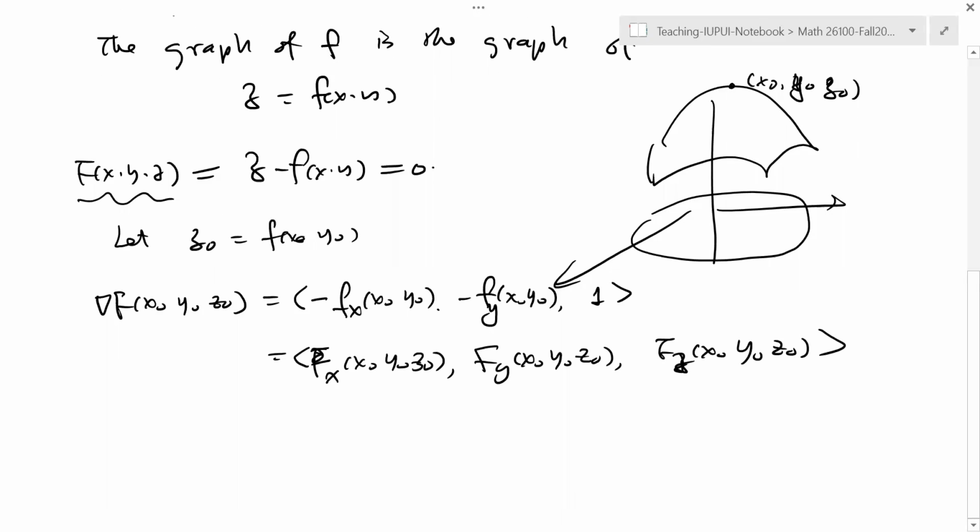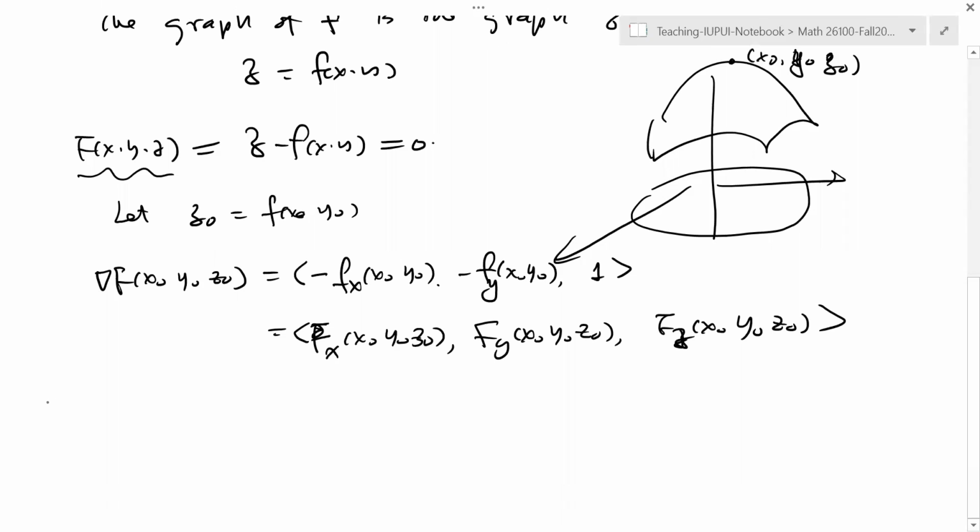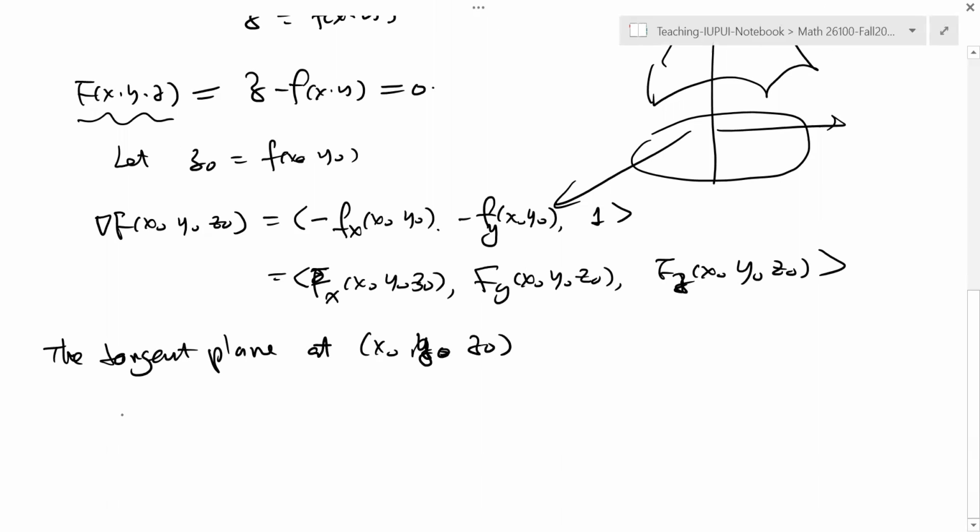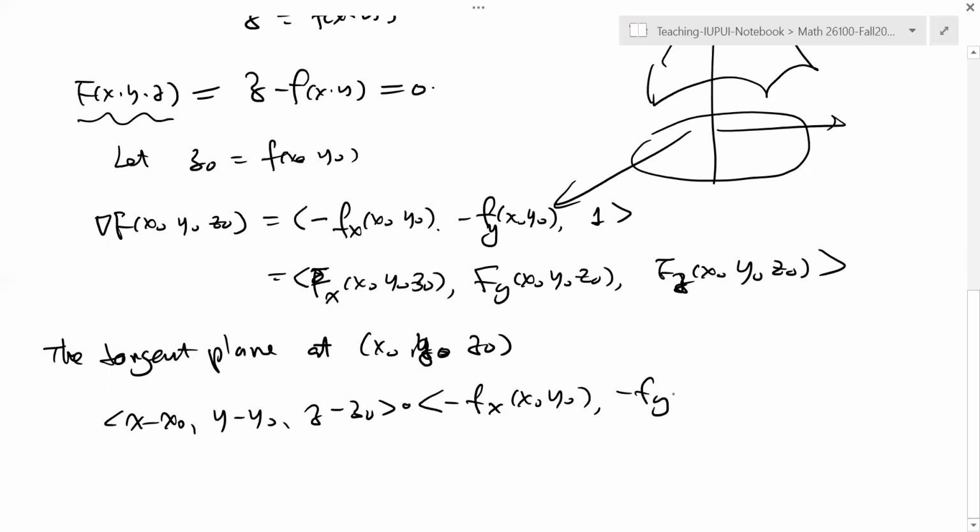So the tangent plane at the point is given by the following equation: x minus x naught, y minus y naught, z minus z naught, and here the dot product with this vector.